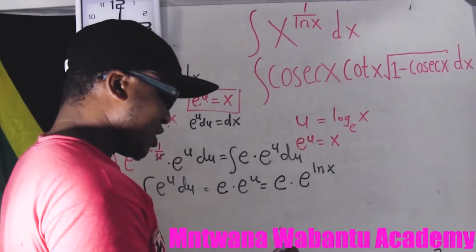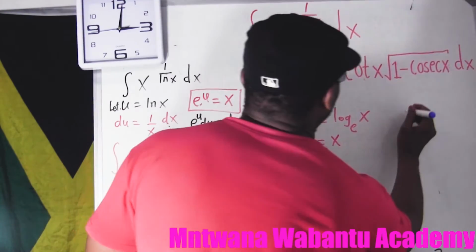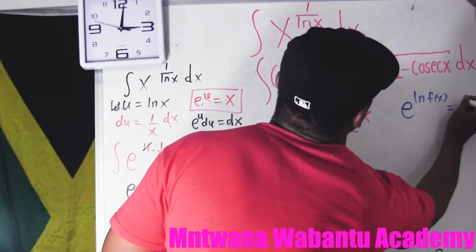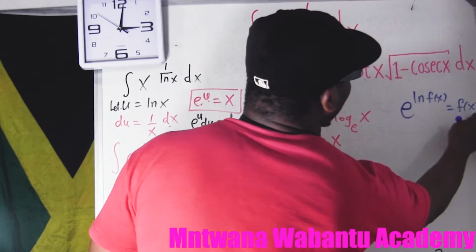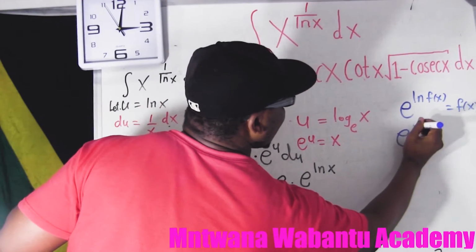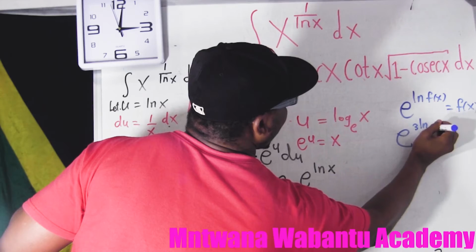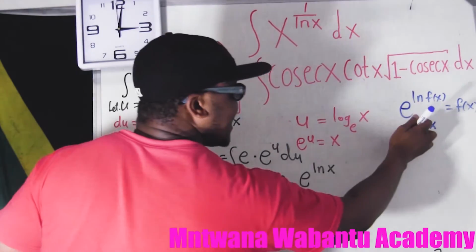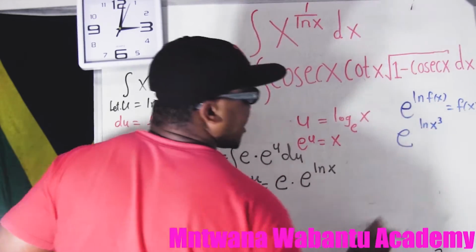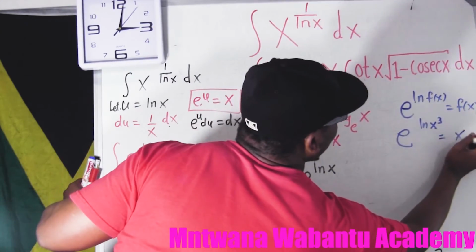Okay, but we have a rule in mathematics which says if you have e power ln of anything, let's say a function of x. For example, somebody gives you e power 3 ln of x. What are you going to do with this? First, take the 3 over. It's going to become ln of x power 3.